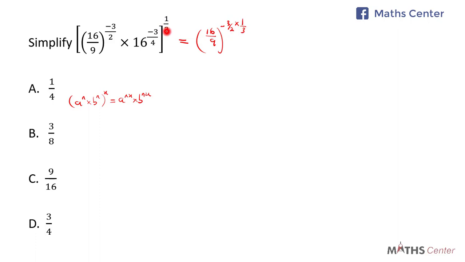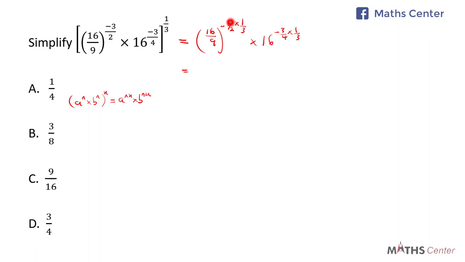So we use the 1 divided by 3 here to multiply the negative 3 divided by 2, just as we did here. Then times, when you come to the second part, you have 16 exponent negative 3 divided by 4 times 1 divided by 3. We use the 1 divided by 3 here to multiply the exponent here, which is negative 3 divided by 4, just as we did here.